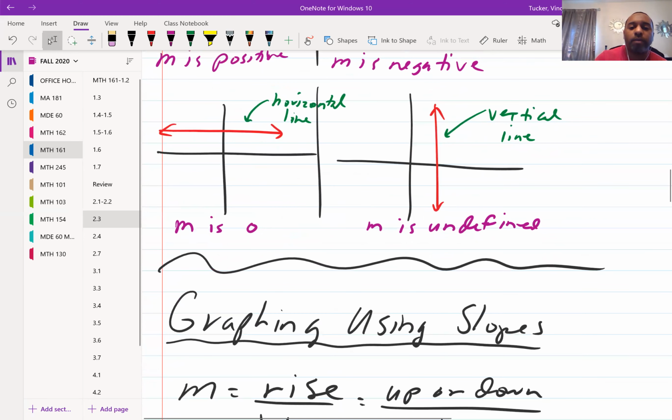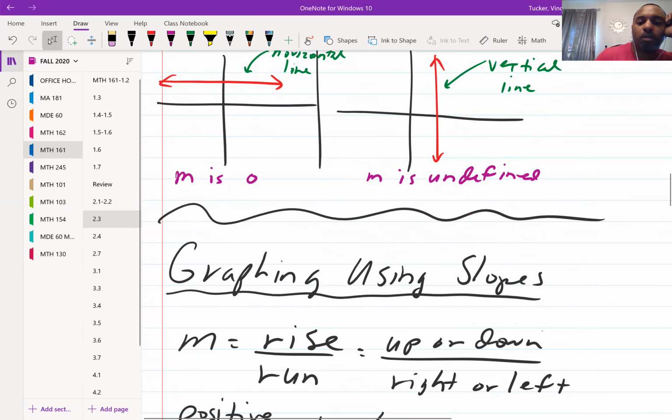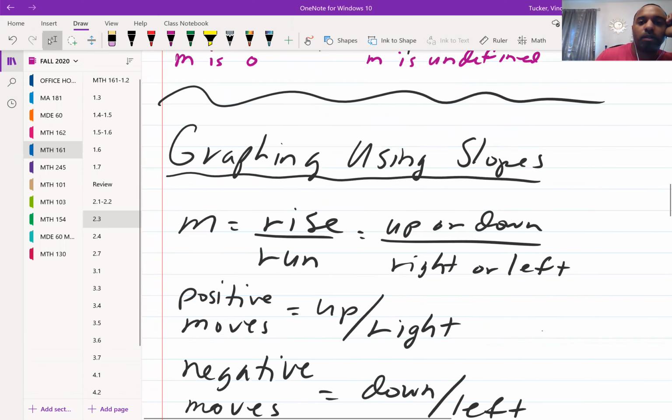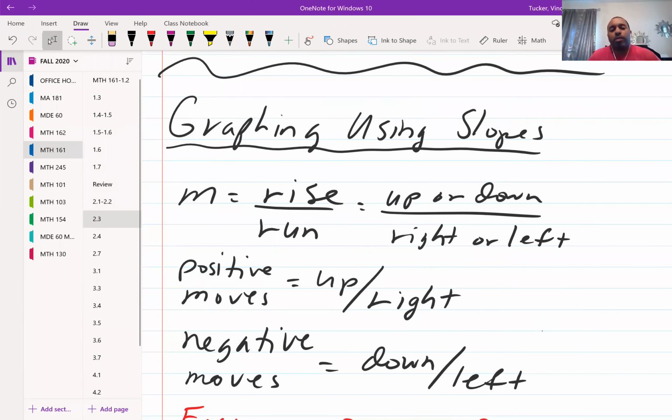Anything else before we look at graphing using slopes? So graphing using the slopes.